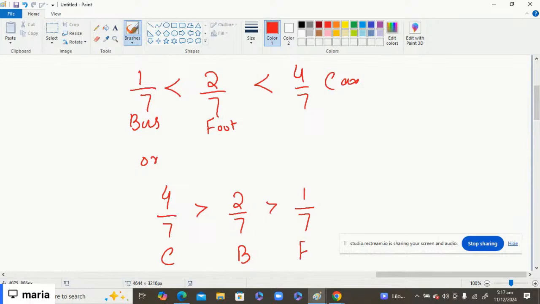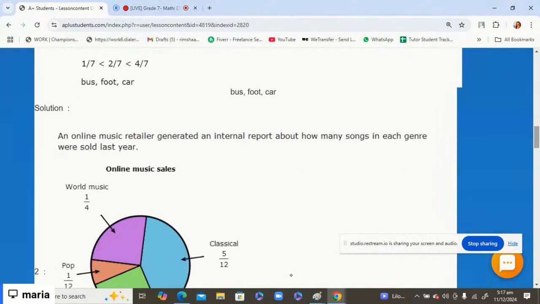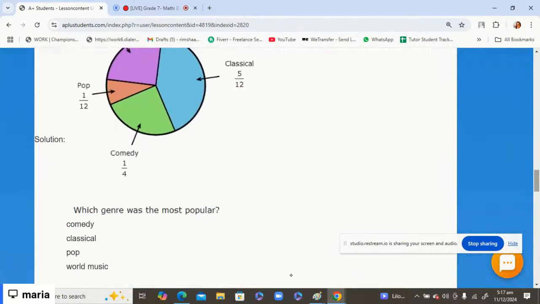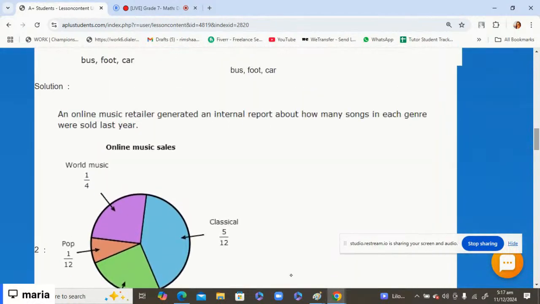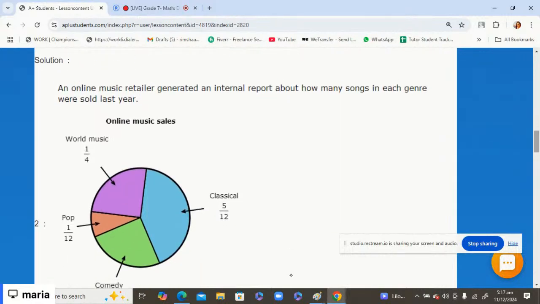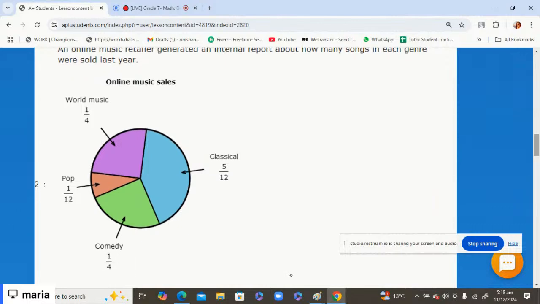Okay, there are two ways to put it. Which way do they write it? Bus, foot, and car. Okay, this is the thing that we have done. So this is the question.